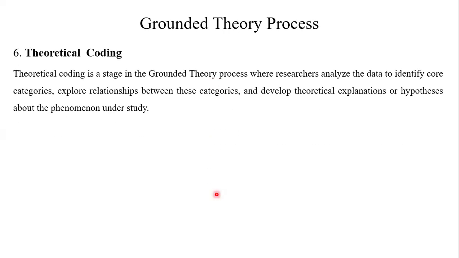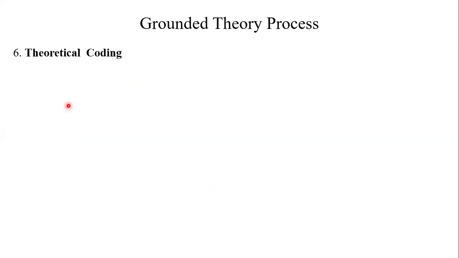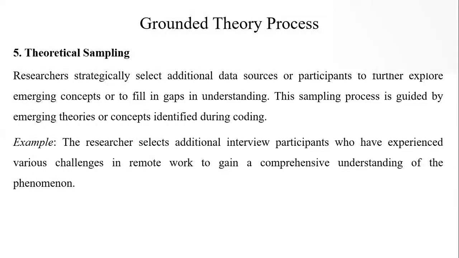So next is theoretical coding. After doing the theoretical sampling, theoretical coding is a stage in the grounded theory process where the researcher analyzes the data to identify the core category. So in the previous process, you collected some additional data to have more insights about a particular code you had collected in the previous category.